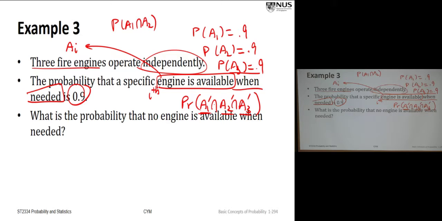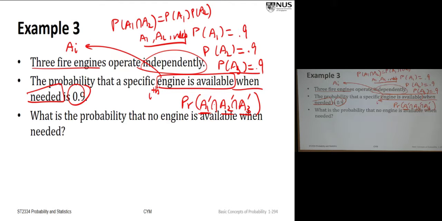So this is equal to the probability of A1 times the probability of A2 only when A1 and A2 are independent events.